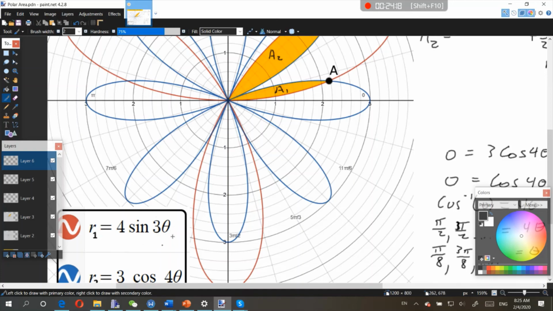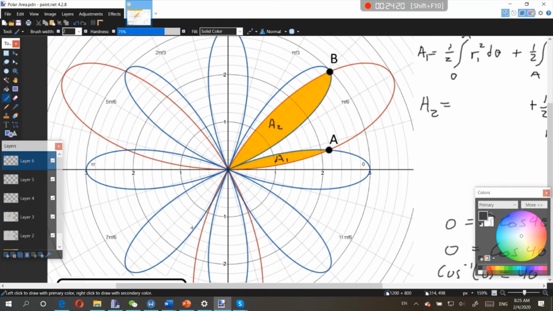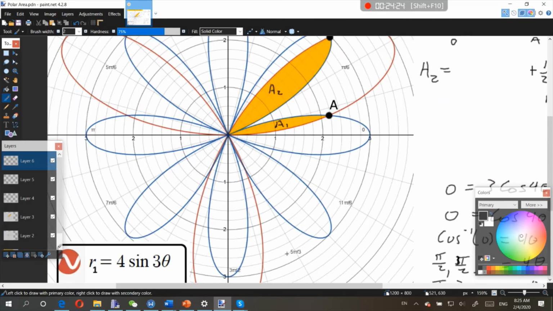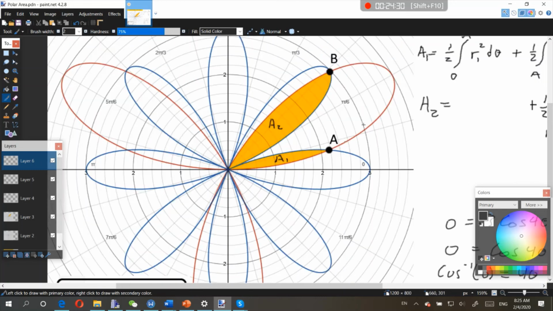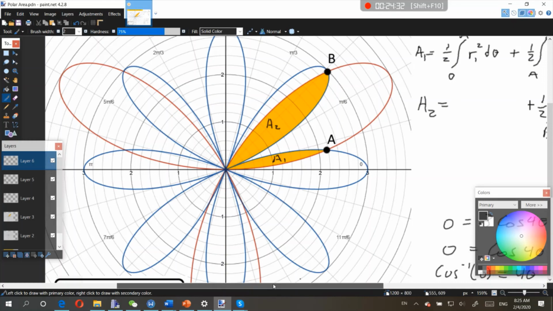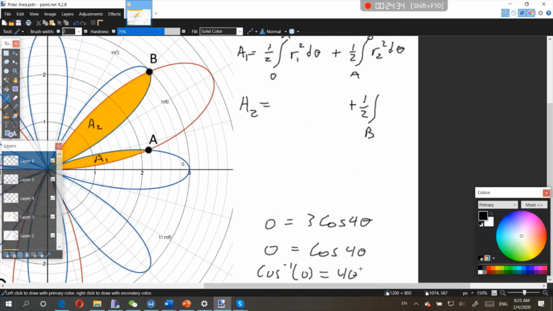So that's my angle. That would be at pi over 3, 2 pi over 3, 3 pi over 3, 4 pi over 3 would be the end of this 4th petal. So I'm going from b until 4 pi thirds. This is my sine function, which is our r1 squared d theta.